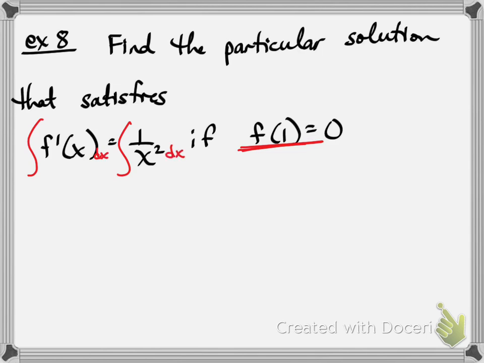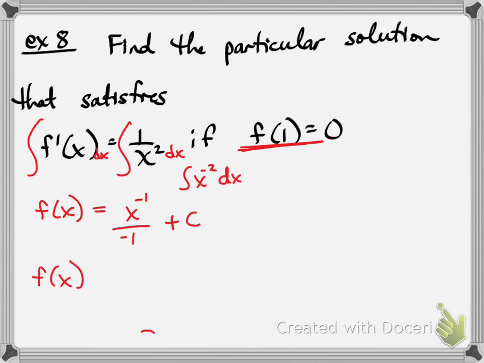When you integrate a derivative of f prime of x, you get just f of x. And when we integrate 1 over x squared, let's just remember that's x to the negative 2. It becomes x to the negative 1 over negative 1 plus c. Let's clean that up a little bit. That's negative 1 over x plus c.